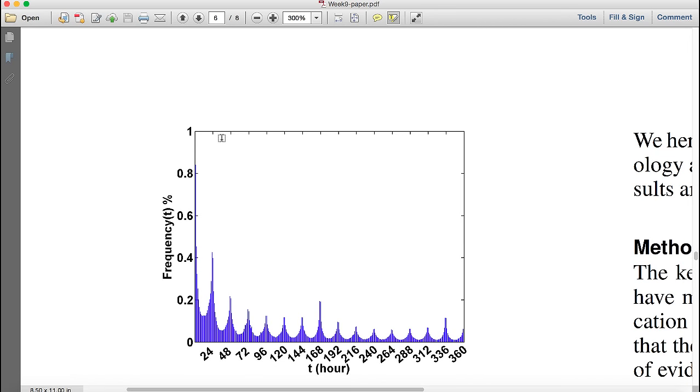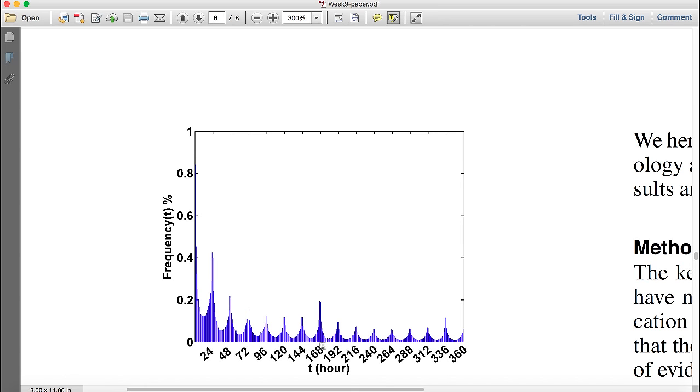Here is the graph. If you see here, this is about 360 hours, and you can clearly see that it's coming back for every day: 24, 48, 72, 96, 120. So it's kind of coming back every 24 hours. And sometimes the frequency is also increasing if something happens.